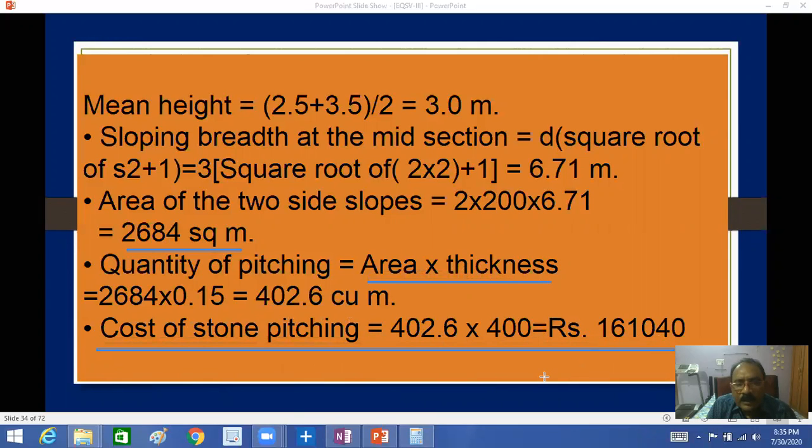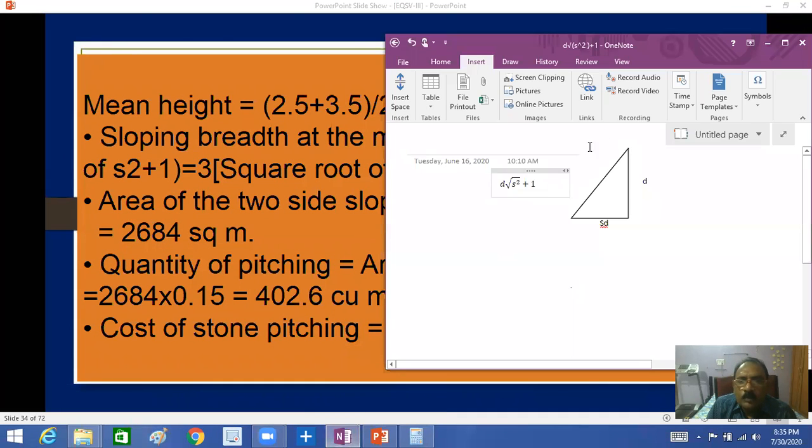The only thing is you must understand this equation, how to calculate the slope. If you know D and S, you know this area from the figure.